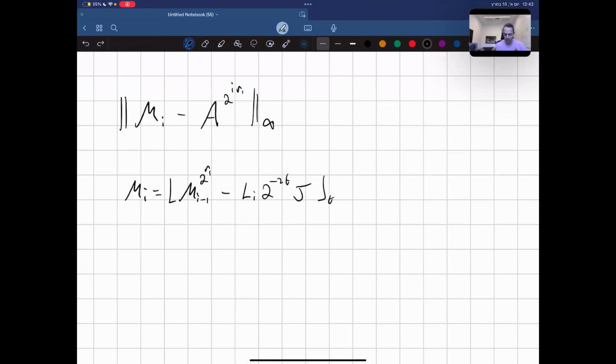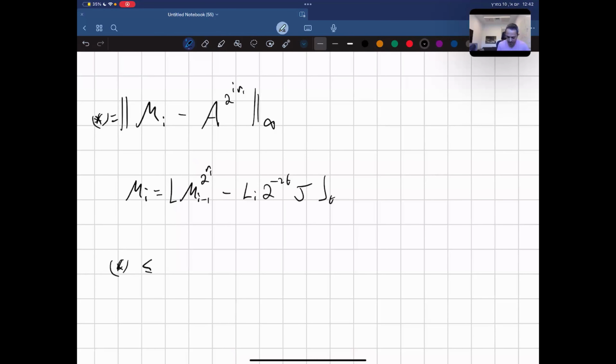Therefore it would be nice to plug in this matrix in the middle. So to bound star, star is at most, just by subadditivity of every norm, M i minus 1 to the 2 R1 in infinity norm, plus M i minus 1 to the 2 R1 minus A to the 2 to the i R1.